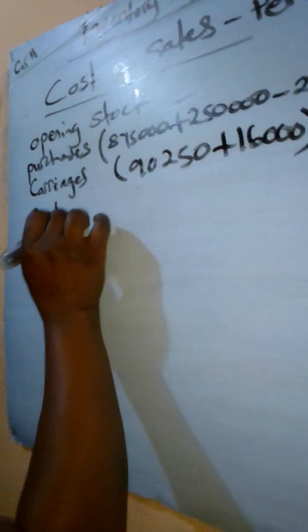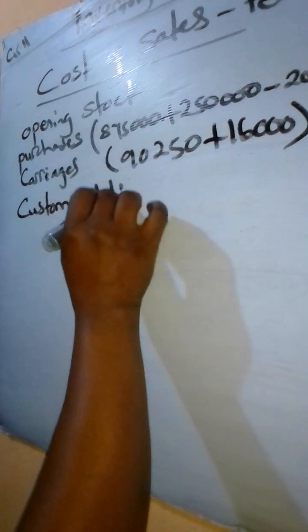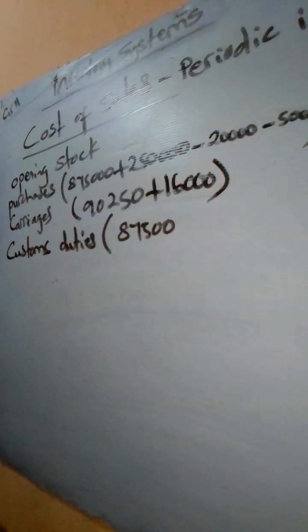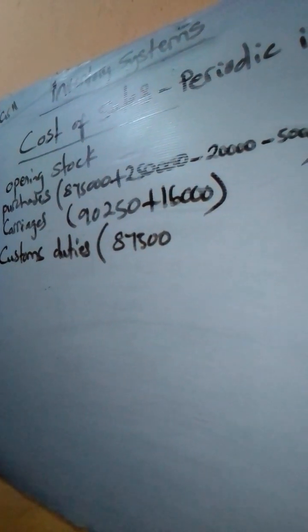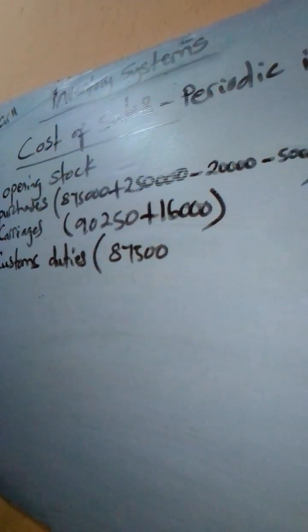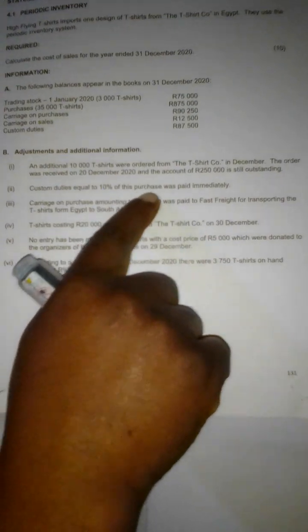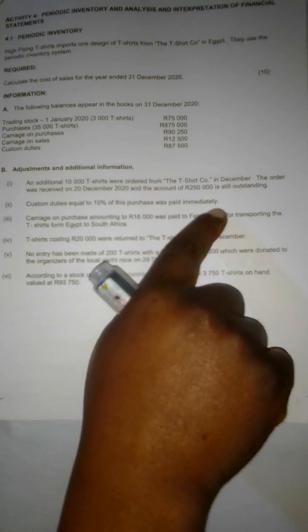We also remember these t-shirts were purchased from another country, therefore we are going to have customs duties. We are going to indicate our customs duties. There's 87,500, and then there's an adjustment that is going to affect our customs duty. On number 2, customs duty is equal to 10% of this purchase and was paid immediately.